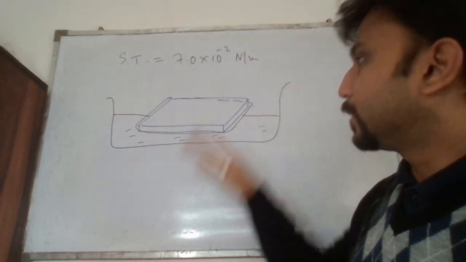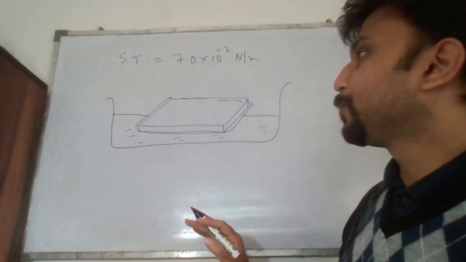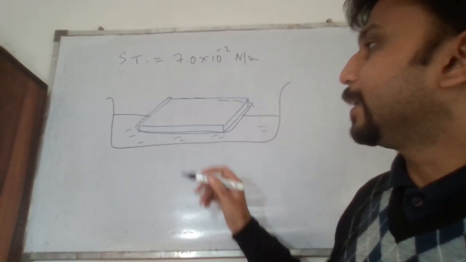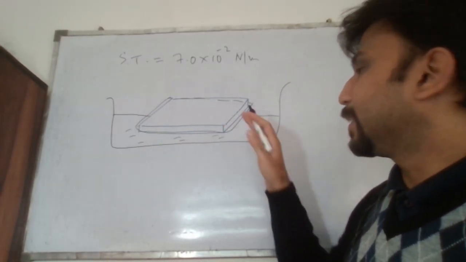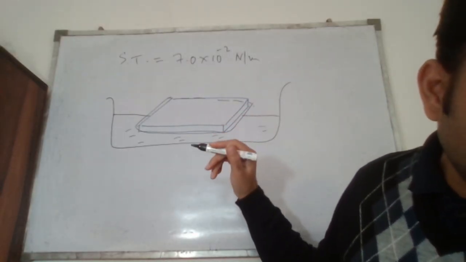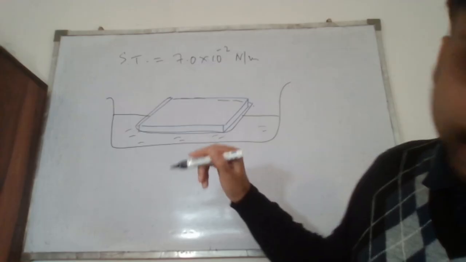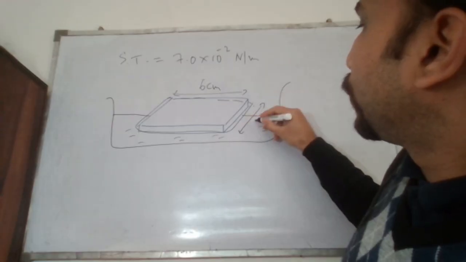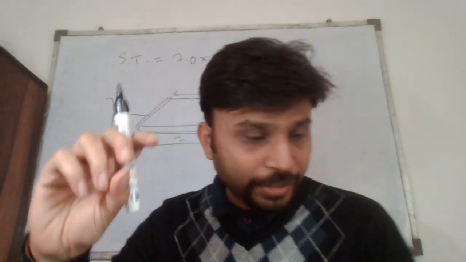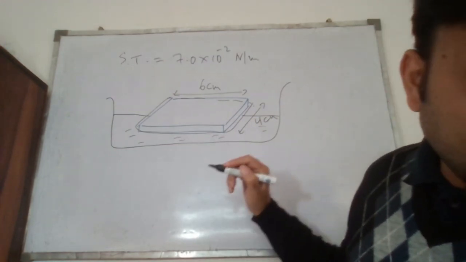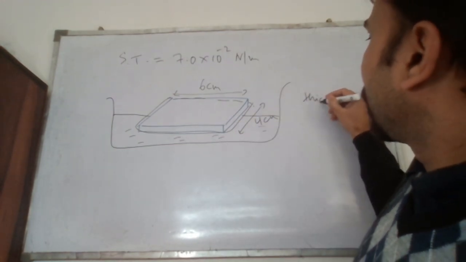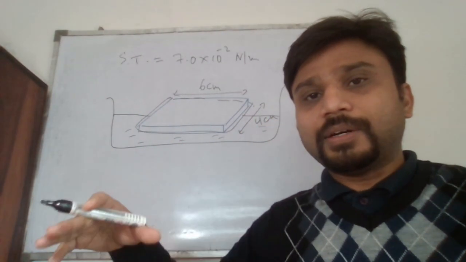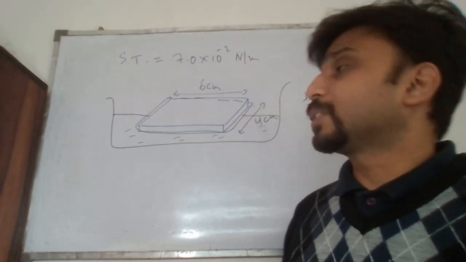We dip it in such a way that the length is 6 centimeter, the breadth is 4 centimeter, and the thickness of the plate is 2 mm. If it is placed like this, then what will be the force of surface tension?